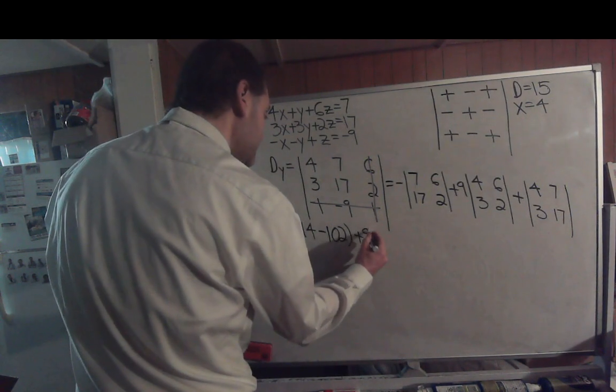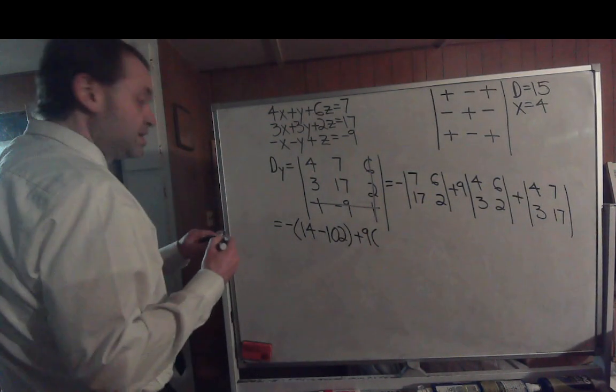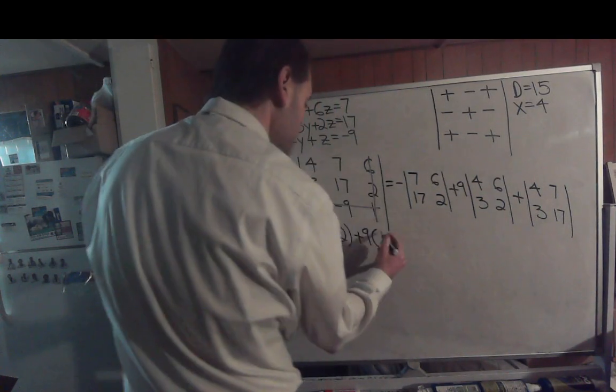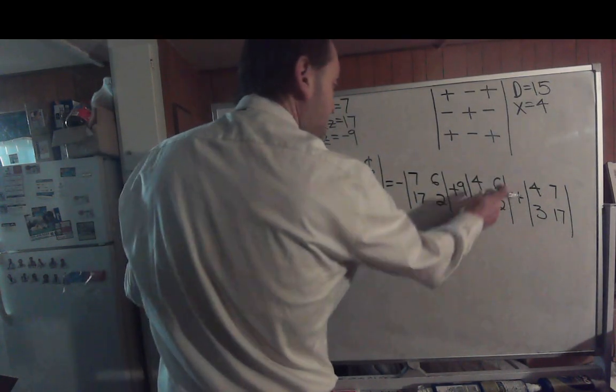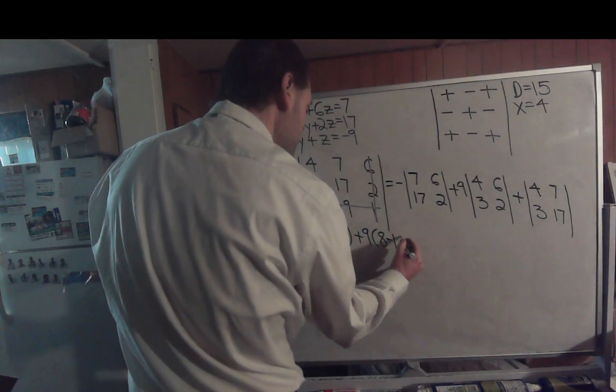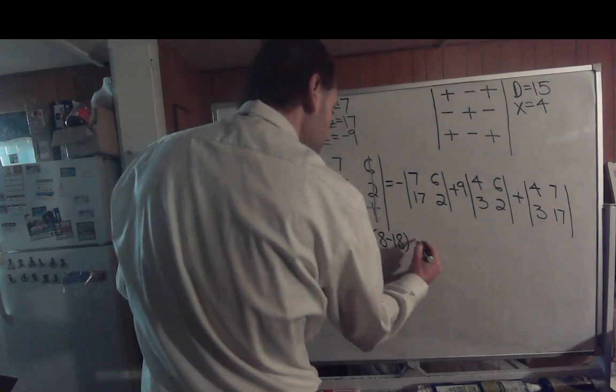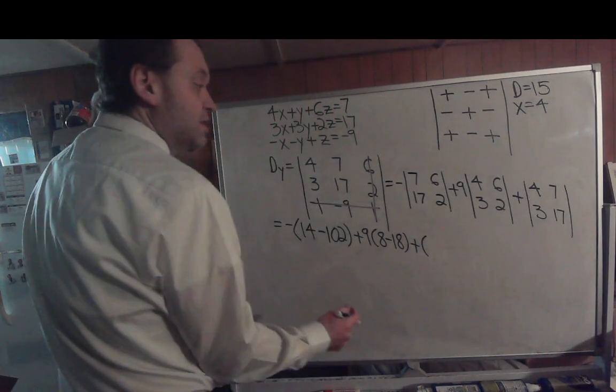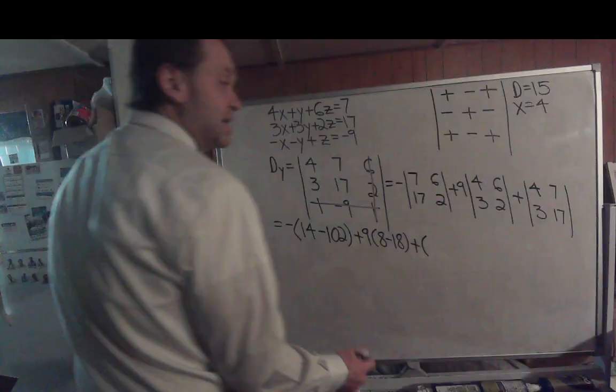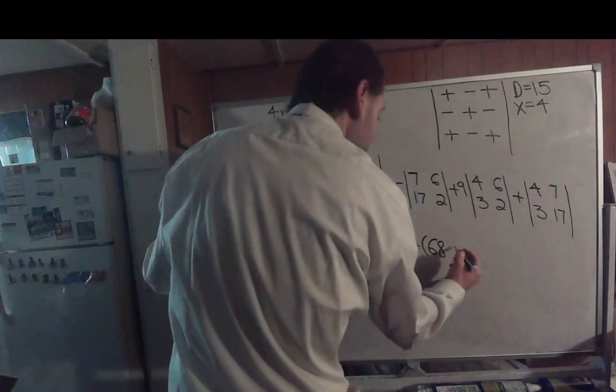Plus 9 times your second determinant, which, let's see, 4 times 2 is 8. Minus 6 times 3, that'd be minus 18. Plus your final determinant, 4 times 17 is going to be 68. Minus 7 times 3, that'd be minus 21.